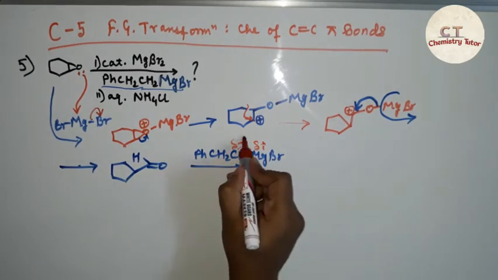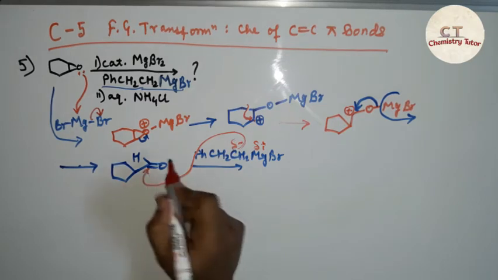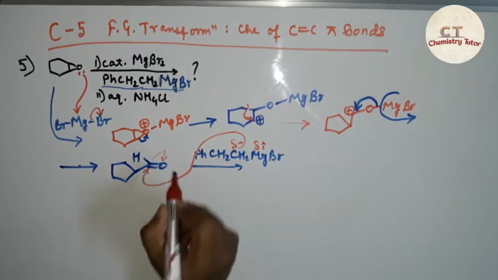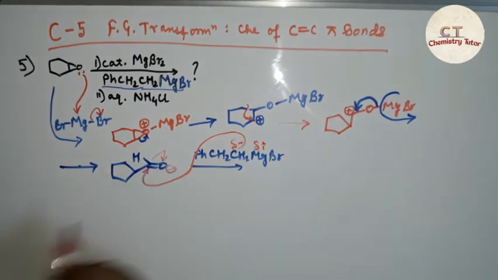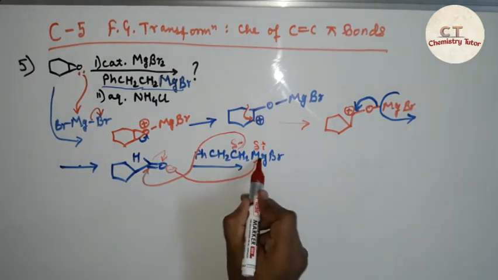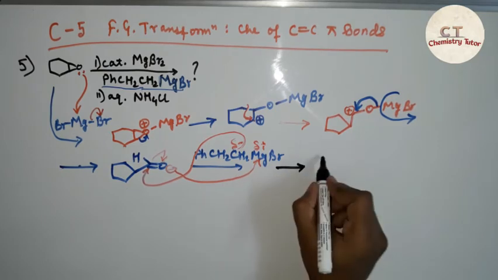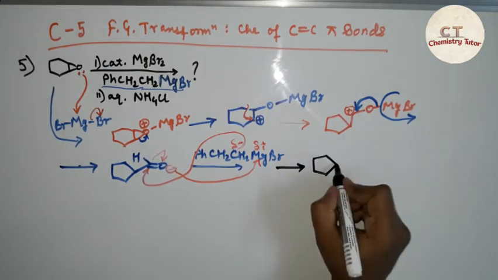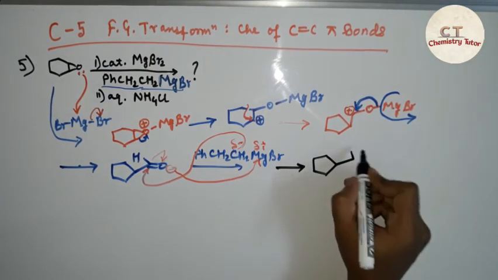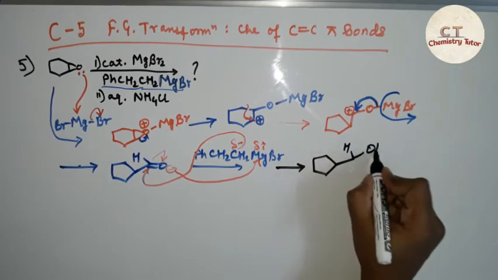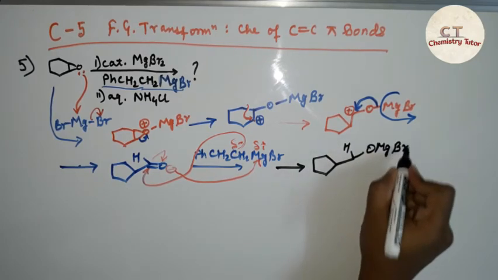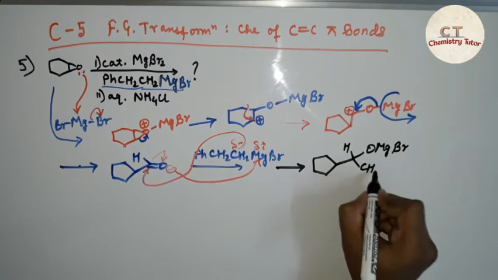So this negative charge is going to attack the carbonyl carbon, and the negative charge will be on the oxygen atom. Okay, this negative charge is further going to attack the magnesium, and thus it will give us hydrogen O, MgBr, and CH2.